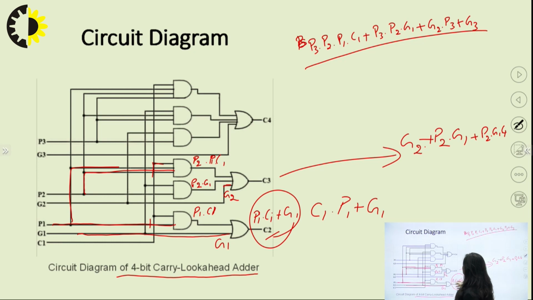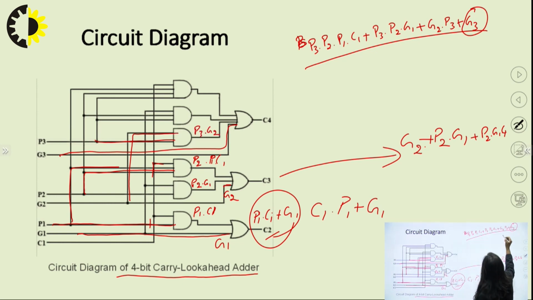Let's verify. G3 is directly connected to C4, which is this part. Here you can see P3 and G2, so this is that part.